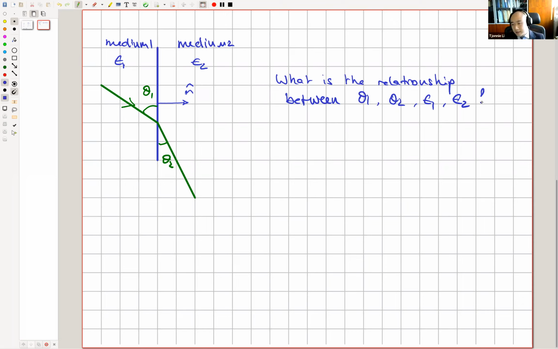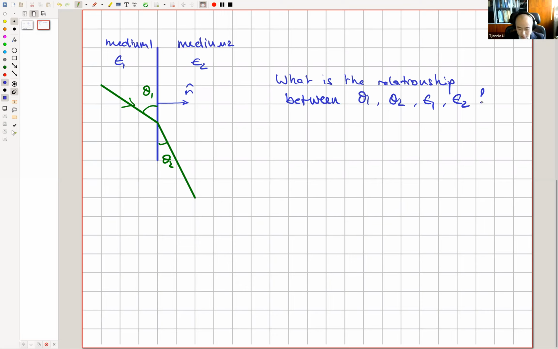Come on, people. What is the boundary condition normal to the surface? Okay, Harry's saying normal to the surface, D above minus D below is sigma F, the free surface charge, indeed.